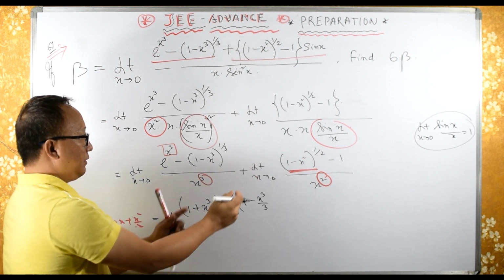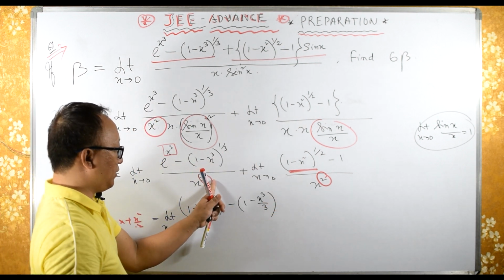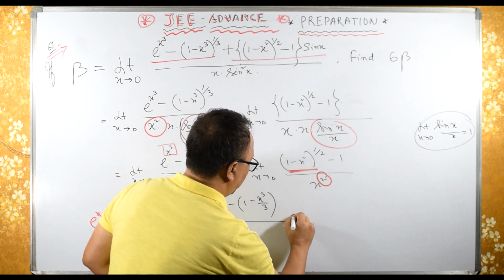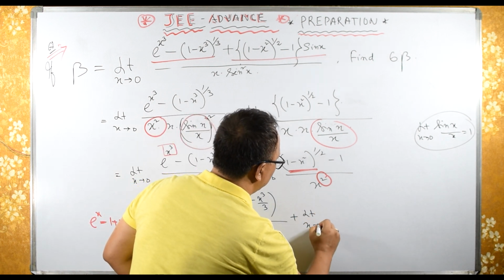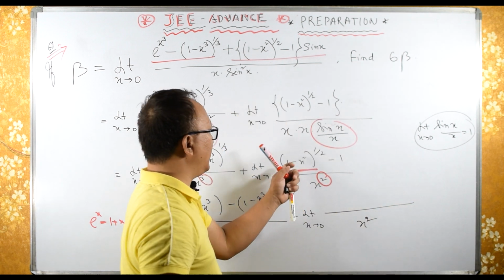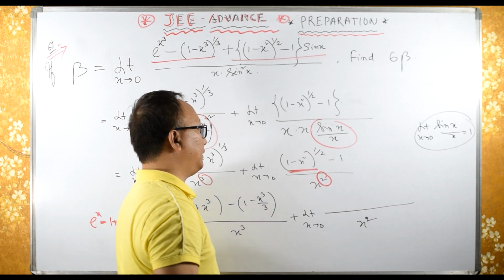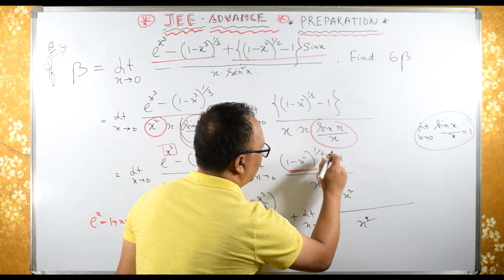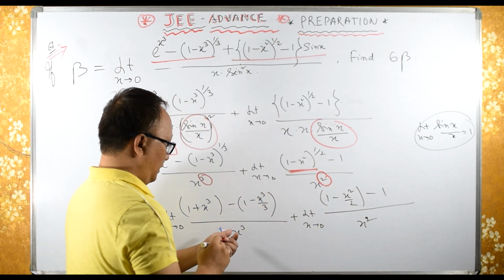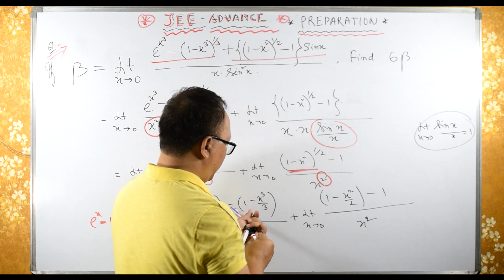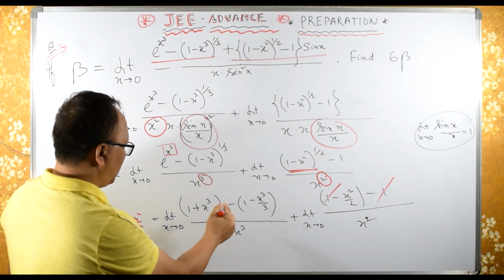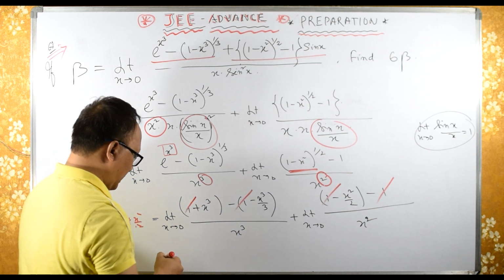We will not write the next term, because as I told you, we have x cube in the denominator, plus limit of x tends to 0 upon x square. Similarly, let's write this till we have x square: 1 minus x square upon 2, and then here we have minus 1. So minus 1 and plus 1 get cancelled, and here also minus 1 plus 1 get cancelled.